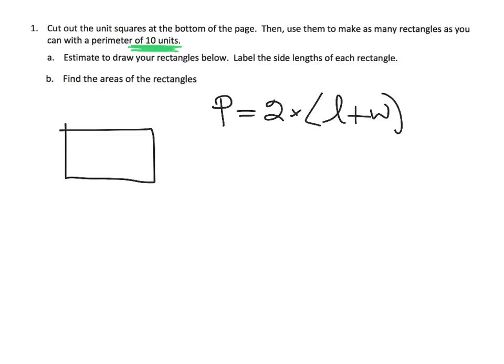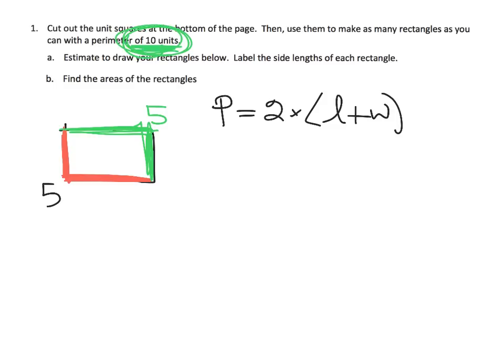And so that tells us that this length and this width right here, these two together have to add up to 5, because the other two sides also have to add up to 5 to give us a perimeter of 10.